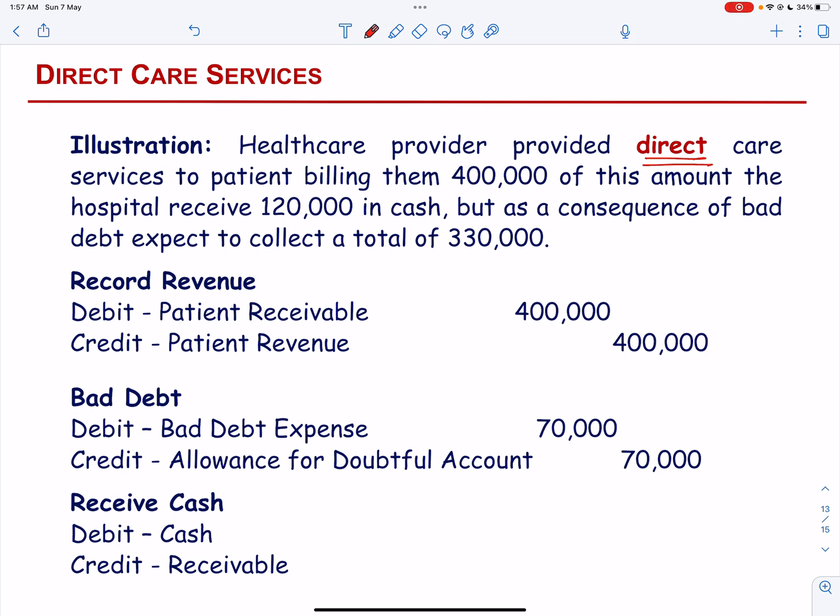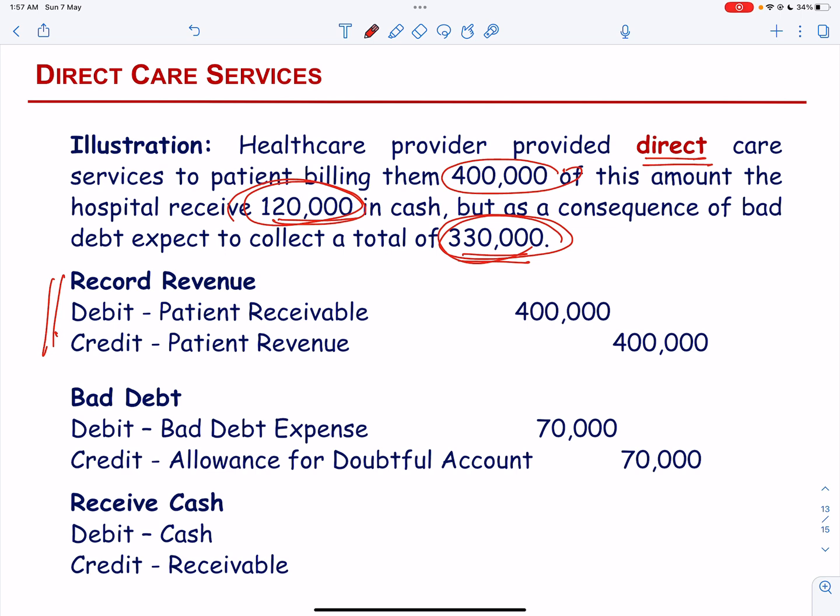For this amount, the hospital received 120,000 in cash, but as a consequence of bad debt expense, they expect to collect a total of 330,000. So the hospital provided 400,000 worth of services, and it is expecting to collect 330,000, and we have already received 120,000 cash.